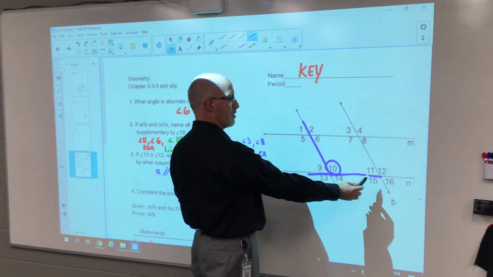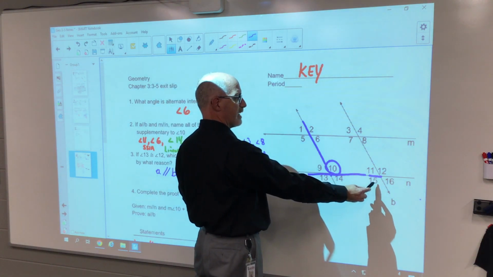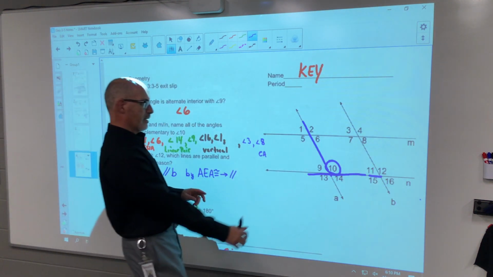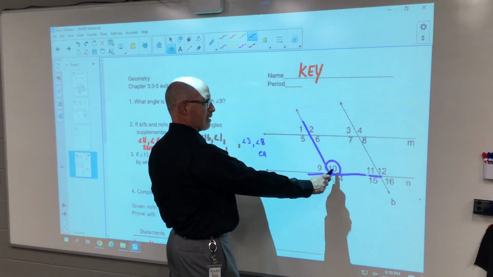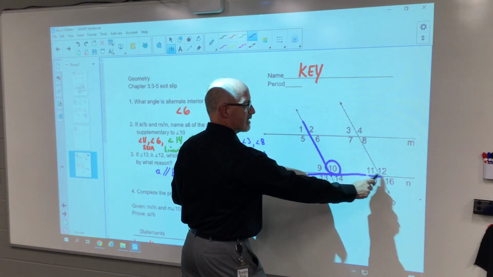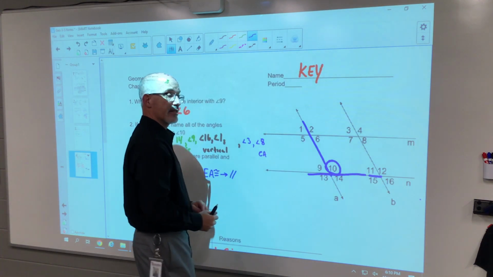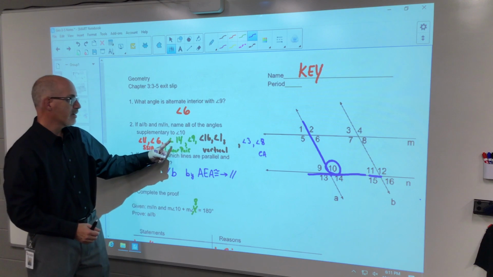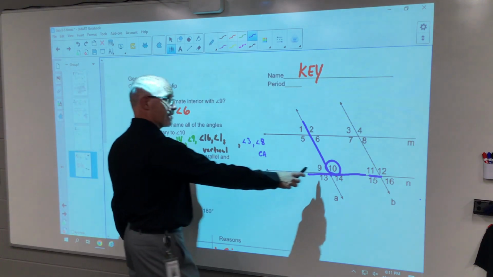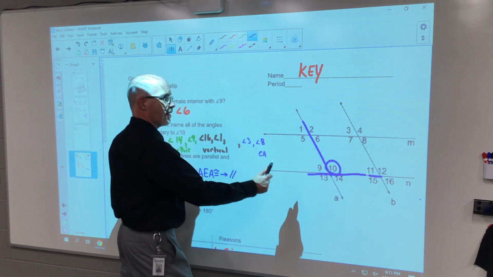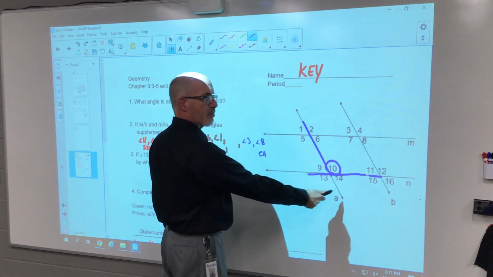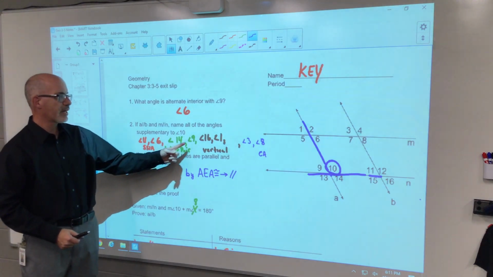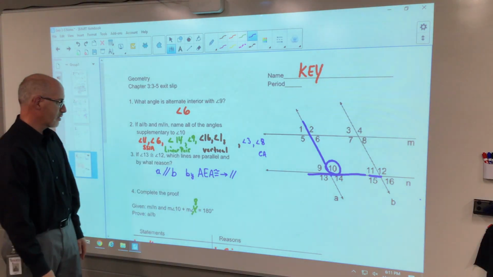And then we could do the same thing over here, where 15 would be as well. On this one, 10 would be supplementary to 11, and then 16, because that's the one vertical with number 11. So we've got 16 and 1, 14 and 9 also, because these two form a linear pair, and then 14 because these two form a linear pair. So we've got same side interior, linear pair, and vertical angles that get us there.